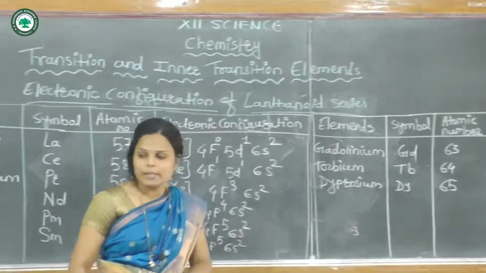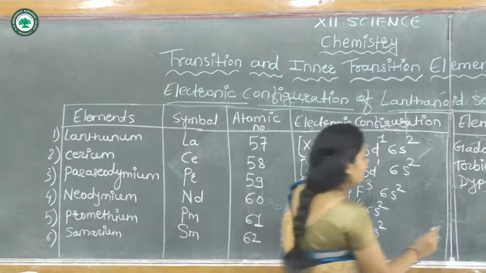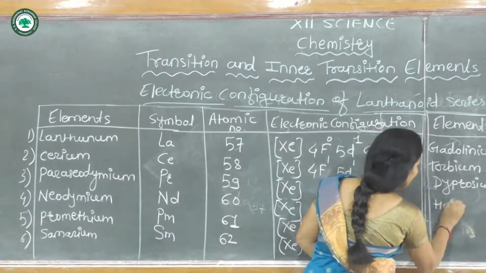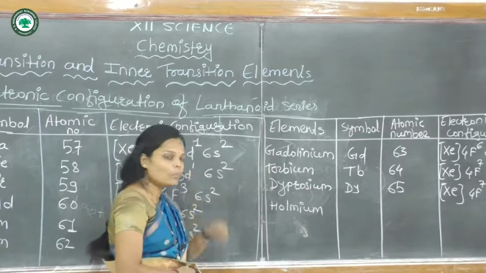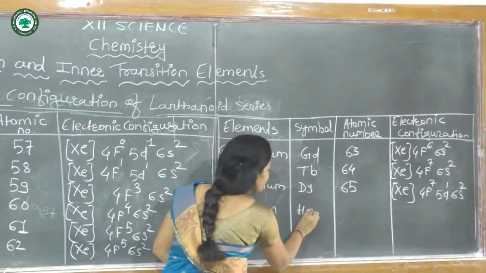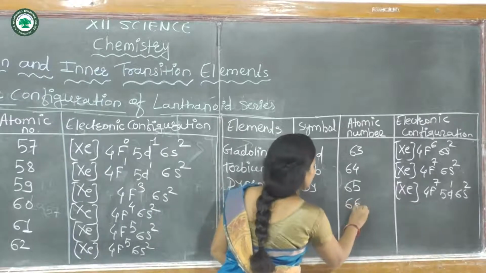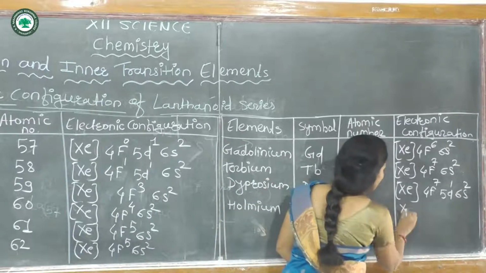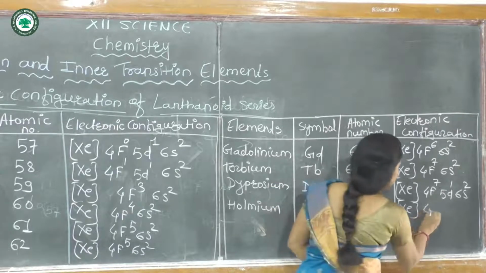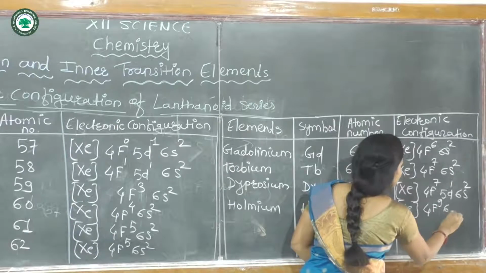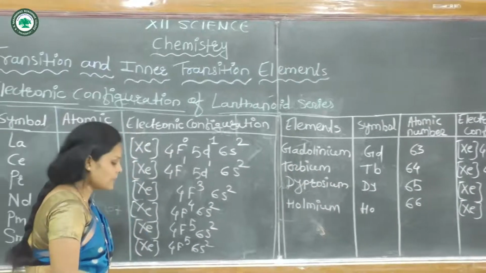Now the next element is holmium. The symbol of holmium is capital H and small o, and the atomic number is 67. The electronic configuration is 4f11 and 6s2.